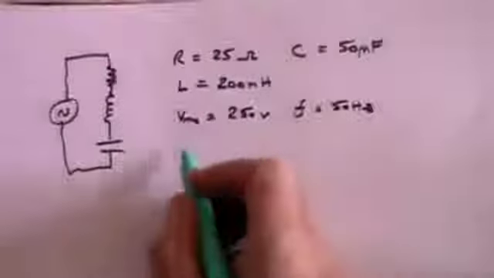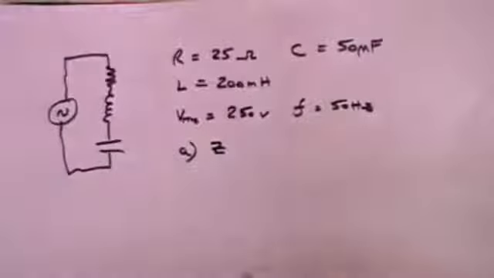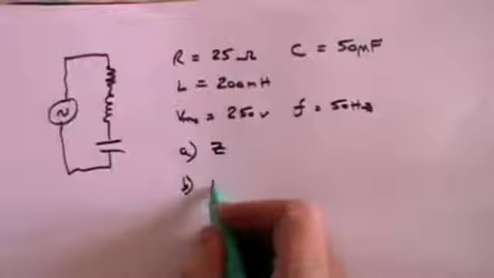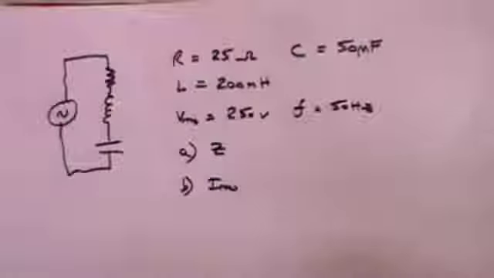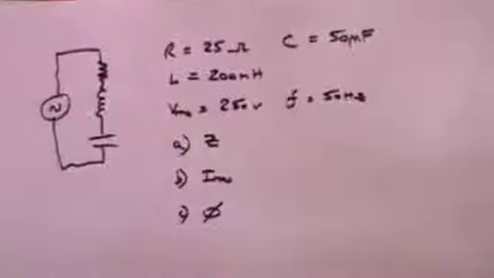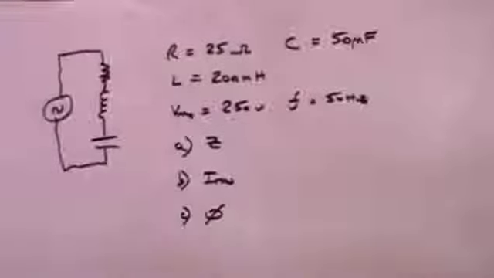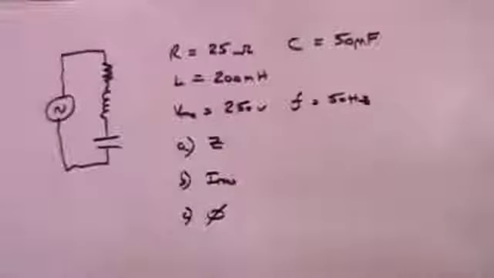And what we want to know firstly is the total impedance of the circuit. Secondly, we want to know what the IRMS, the root mean square current, is. And thirdly, we want to know what is the phase angle, either the lagging or leading of the voltage by the current.